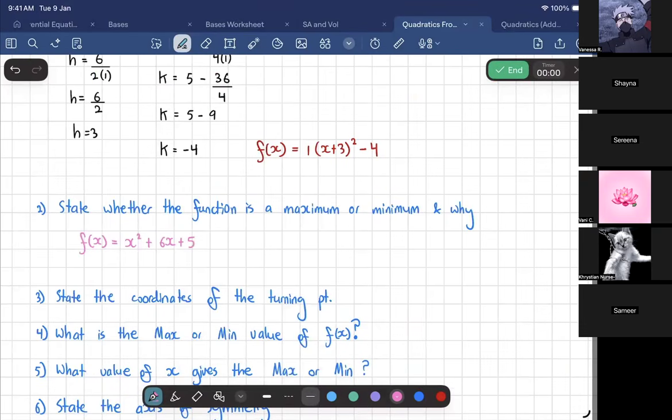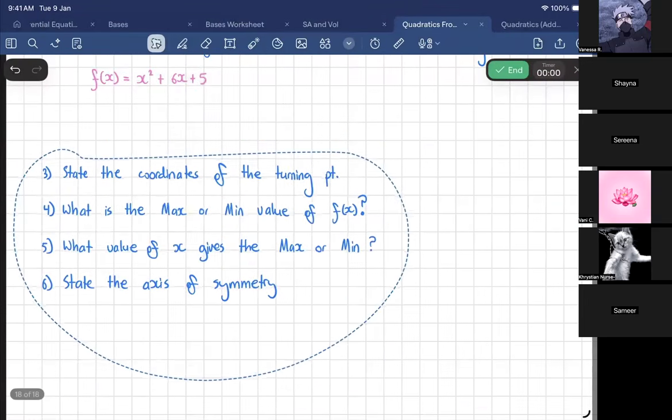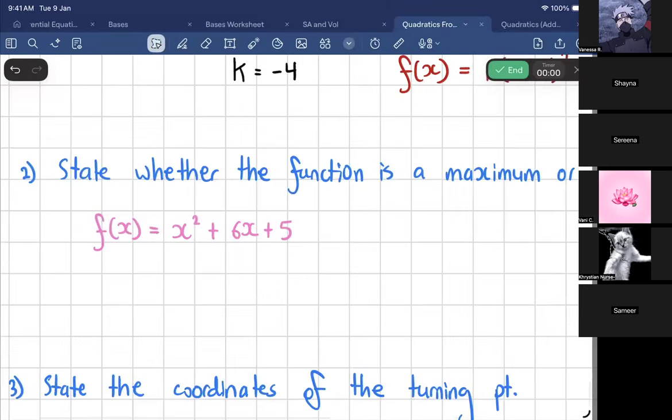What do you think it would be? So would it be a minimum? All right, and why do you say a minimum? You have to tell me why. Take your time. We're not in a rush. So, what is A?